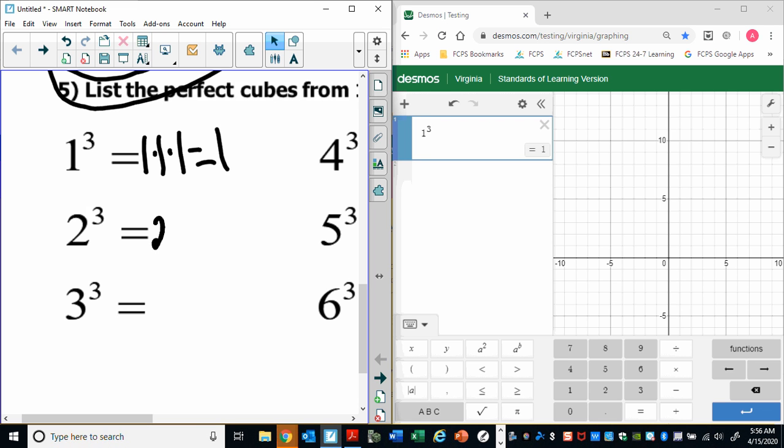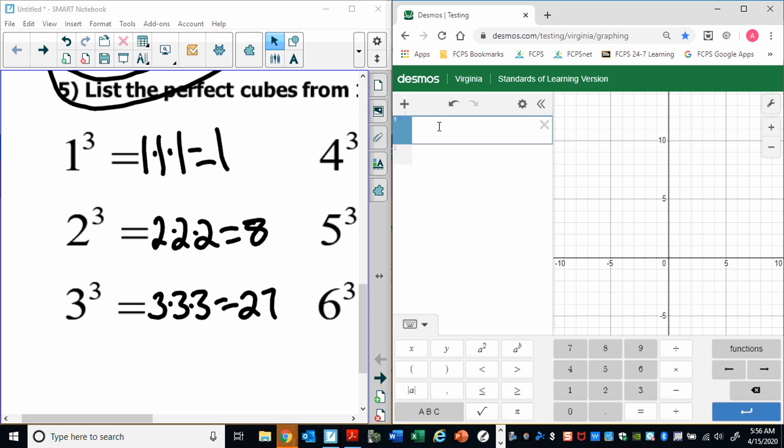Over here we're saying 2 times 2 times 2, and we can just change that over here. 2 cubed is 8, so we know that's going to equal 8. Then we know that 3 times 3 times 3 is going to equal 27, if I did that right in my head. 3 here, there we go, 27.